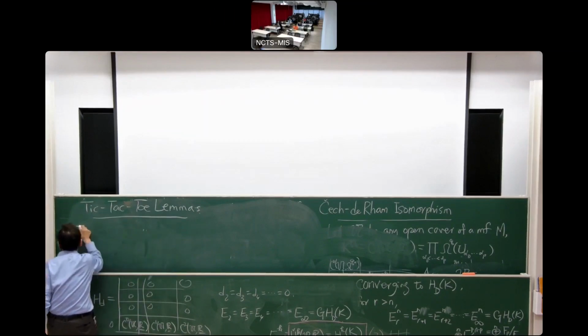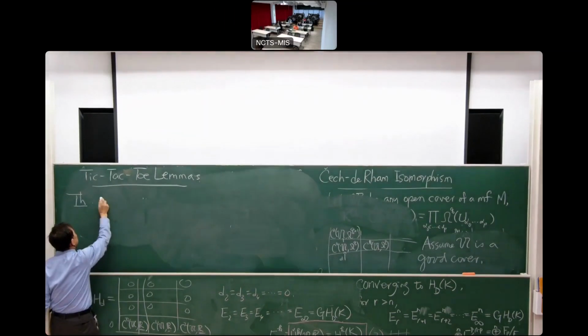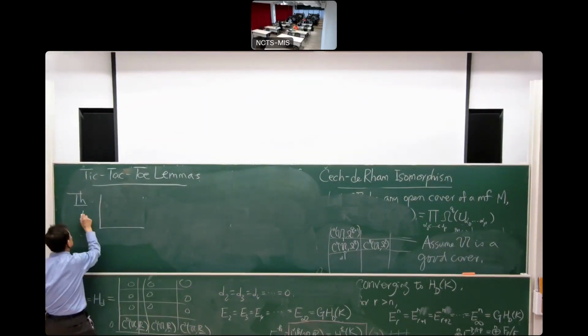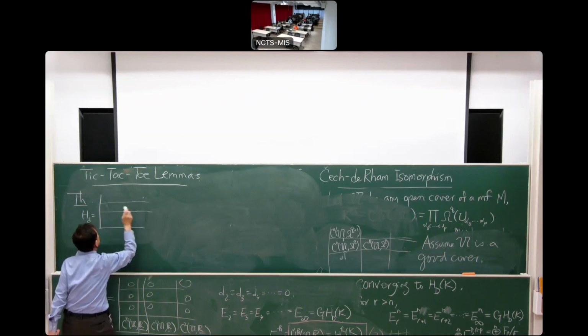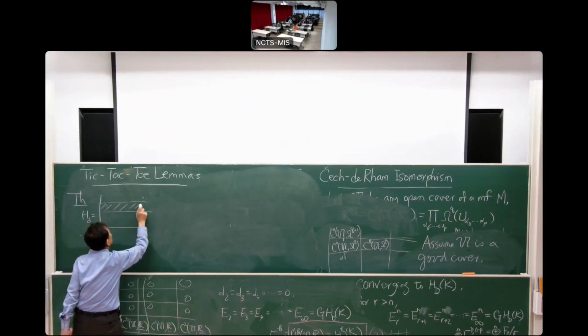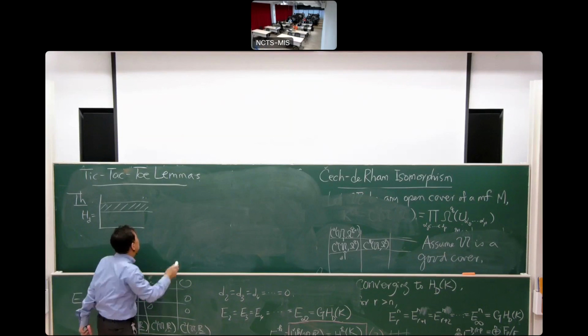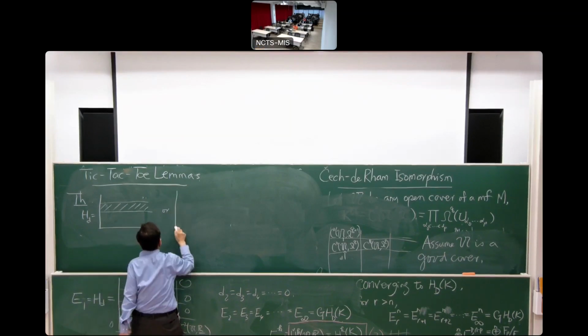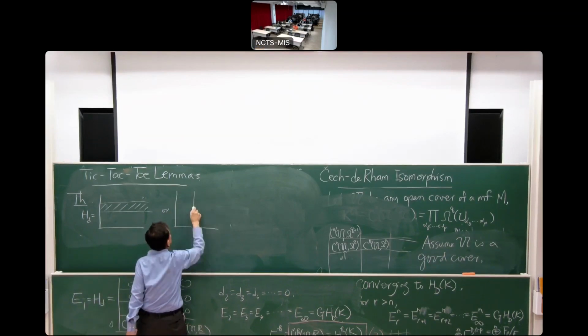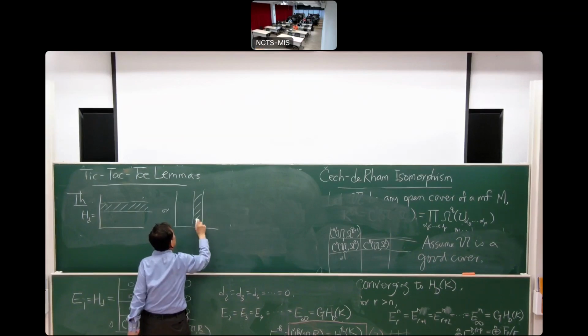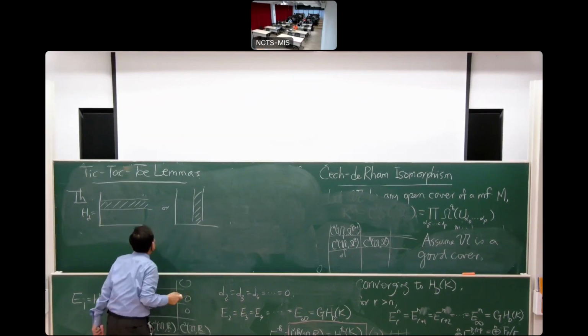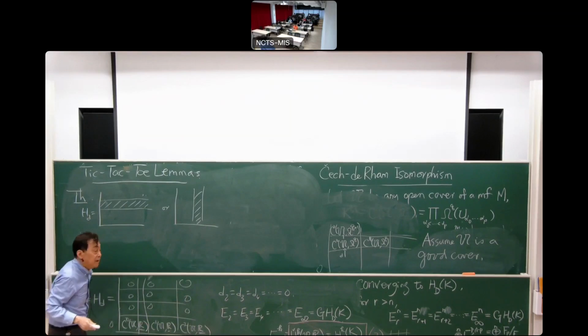Okay, so the first tic-tac-toe lemma we proved concerned the situation where HD has only one non-zero row or only one non-zero column in a double complex.